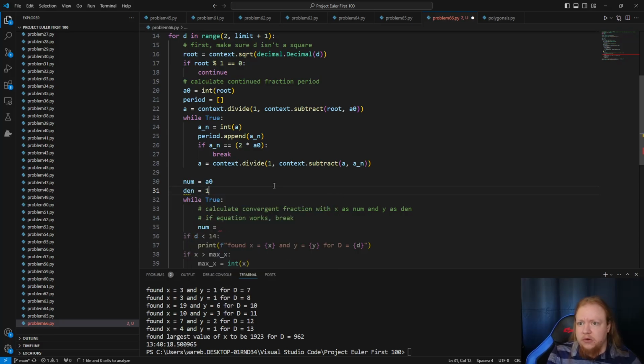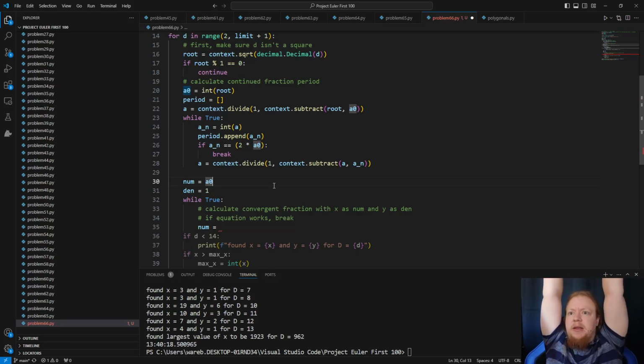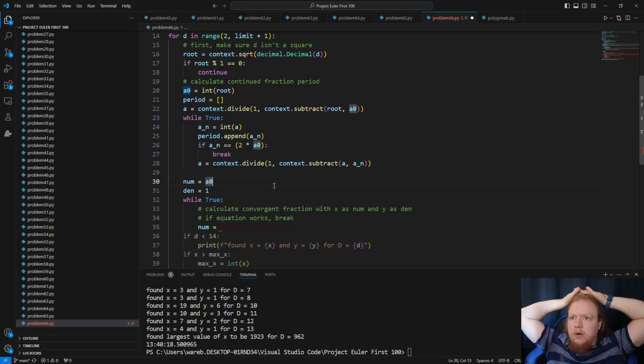And the first denominator is 1. And then we know that that can't quite be the case. So we have to calculate basically the second one.